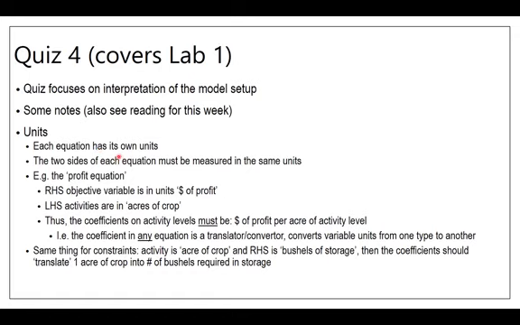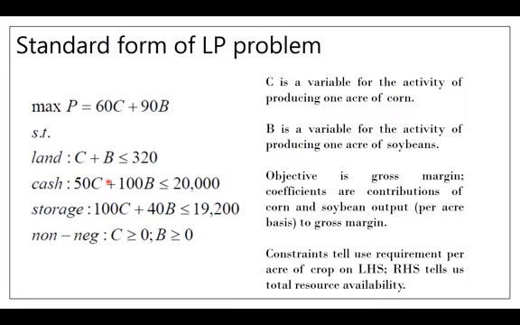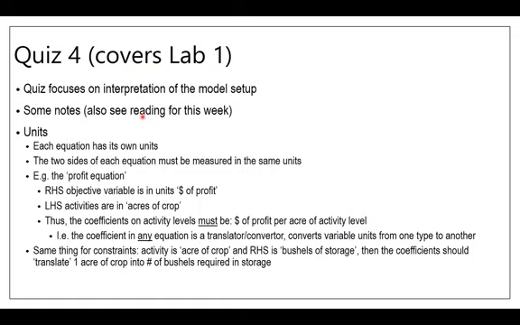Okay, and so let's talk through our model just a little bit. Starting from the profit equation and the returns equation up here, this left-hand side is either measuring gross margin or profits. I'm going to use those terms interchangeably, but it's dollars of return, right? It's the thing I want. If the left-hand side is measured in dollars of return, then everything on the right-hand side had better also be dollars of return, dollars of gross margin, dollars of profit.